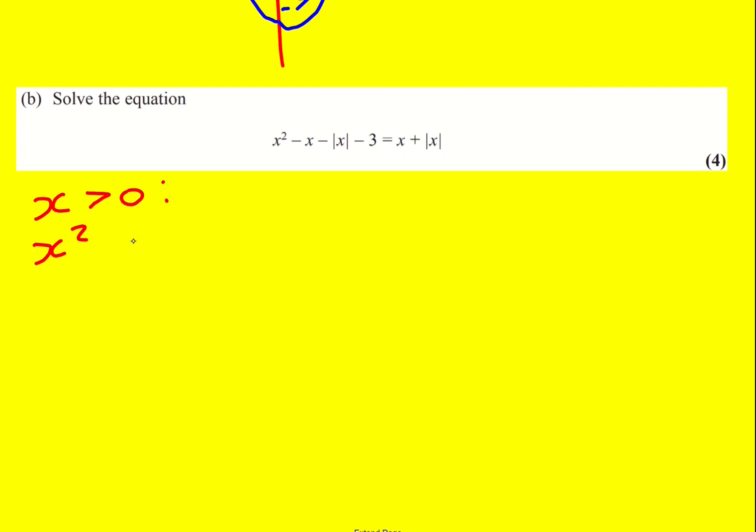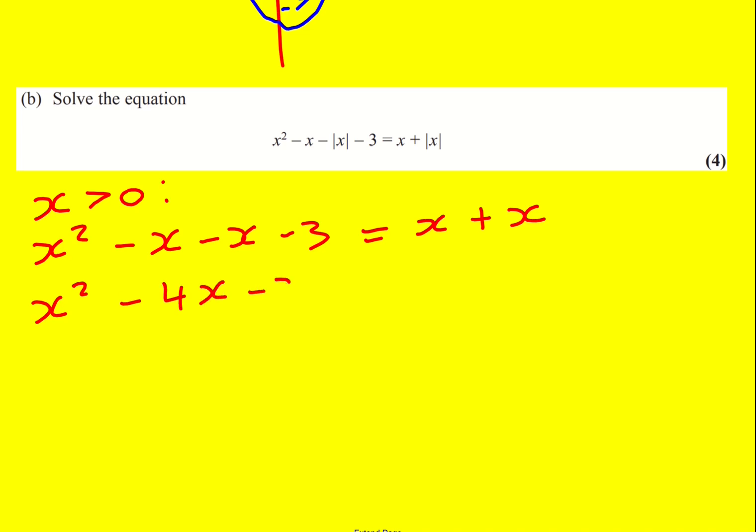So for x greater than 0, we'll get x squared minus x minus x minus 3 is equal to x plus x. And that will give x squared minus 4x minus 3 is equal to 0. Because I get a minus 2x here, I get a plus 2x here, I've minused the 2x from both sides.